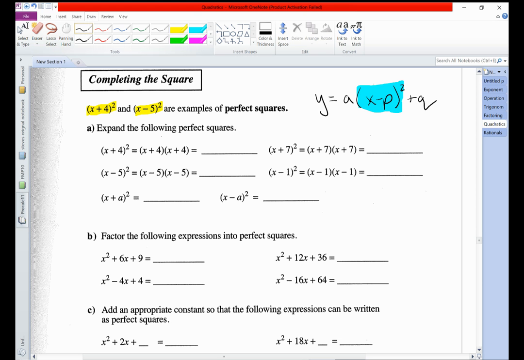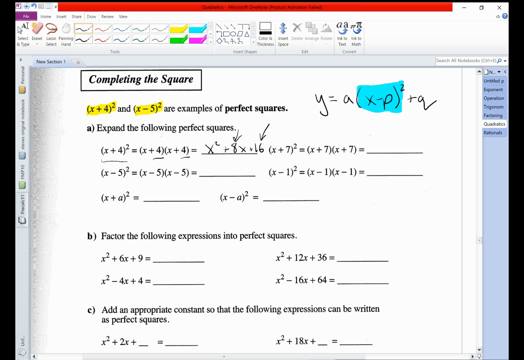In the first example, they have (x plus 4) squared, which we know is (x plus 4) times (x plus 4). When we expand that, we get x squared plus 8x plus 16. We know that the middle term is the sum of these two numbers, 4 plus 4, and the last term is the product, 4 times 4.